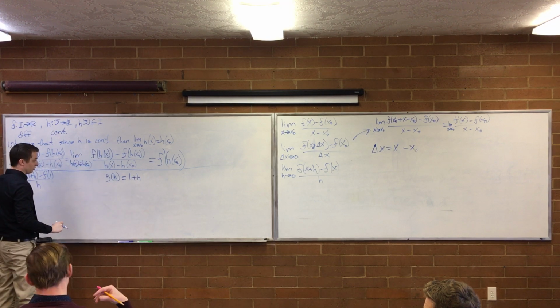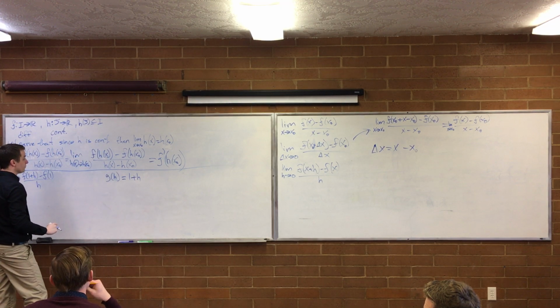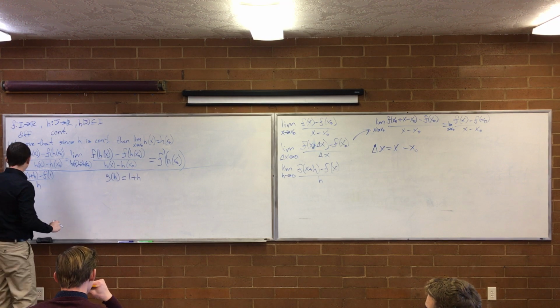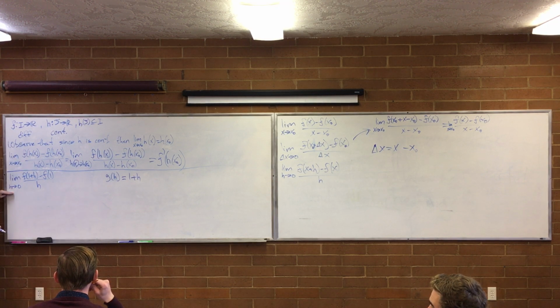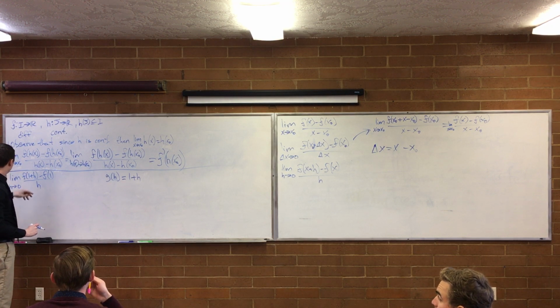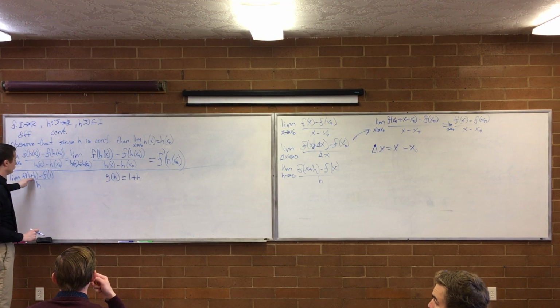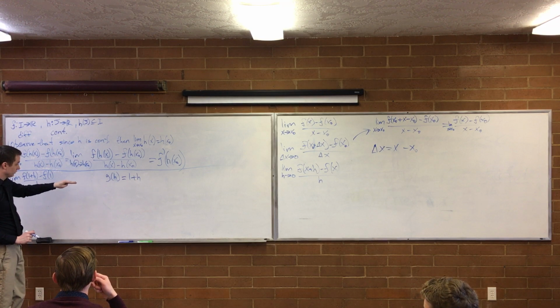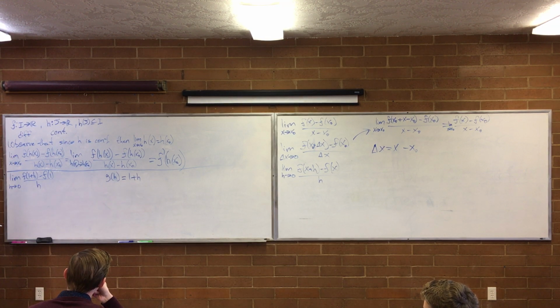So as h goes to 0, or as g of h goes to 0, because now I want to think about this in terms of g of h. As h goes to 0, g of h goes to 1, right? As h goes to 0, g of h goes to 1.